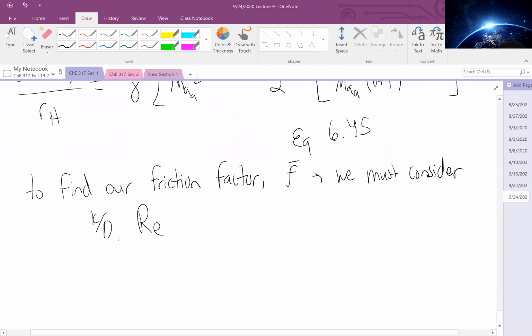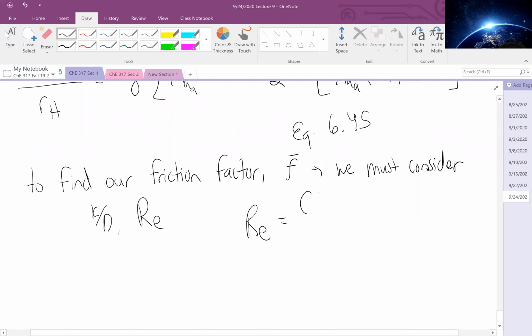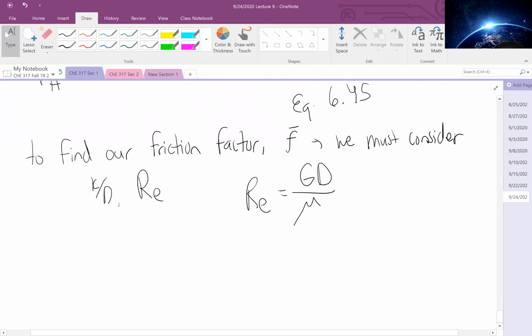Well, we can solve for our Reynolds number as mass velocity times the diameter over the fluid viscosity. However, there's a couple of ways that we can solve for our mass velocity given our Mach number and vice versa.